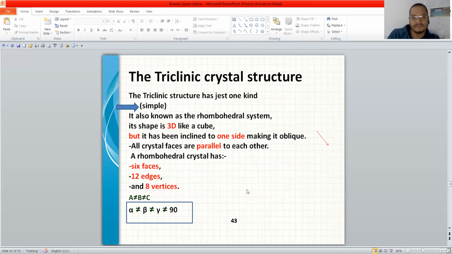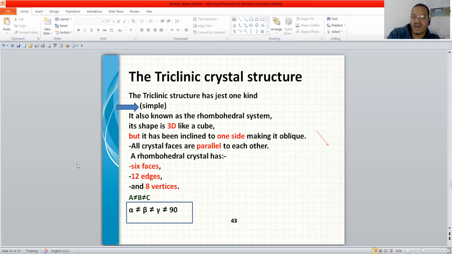Let's take a deeper look. The triclinic structure has just one kind. Here we're dealing with the simple triclinic crystal structure. It's also known as the rhomboidal system. It's shaped in 3D like a cube, but it has been inclined to one side, not perpendicular, not orthorhombic.